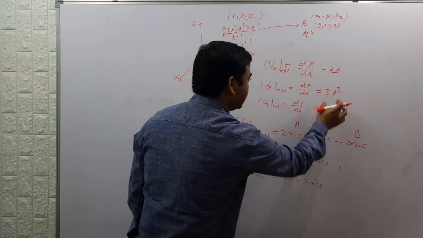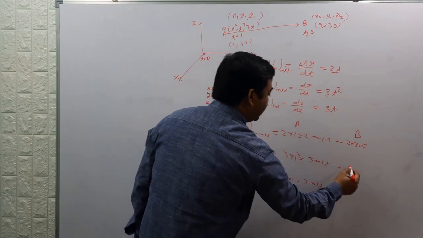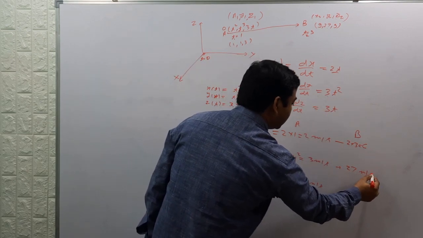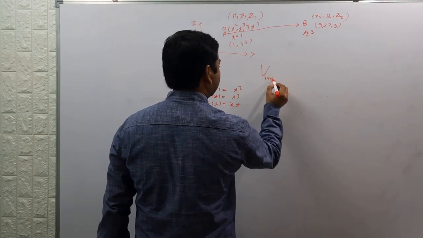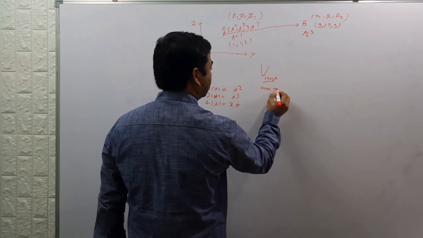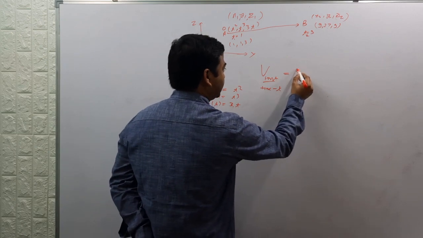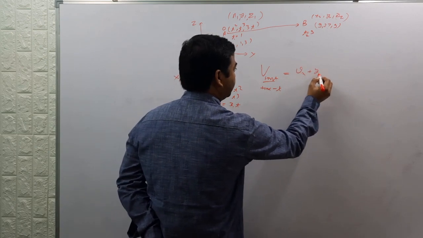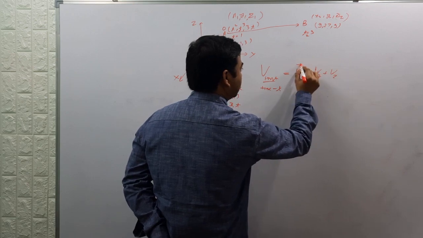Put t is equal to 3 in y direction: 3 into 9, 27 meter per second. V instantaneous at time t is equal to Vx plus Vy plus Vz.